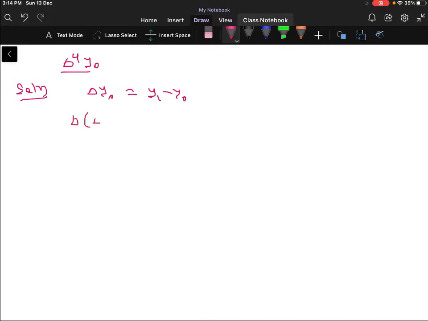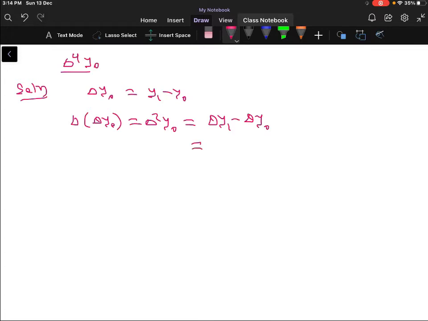Delta of delta y naught is delta square y naught, that is equal to delta y1 minus delta y naught.